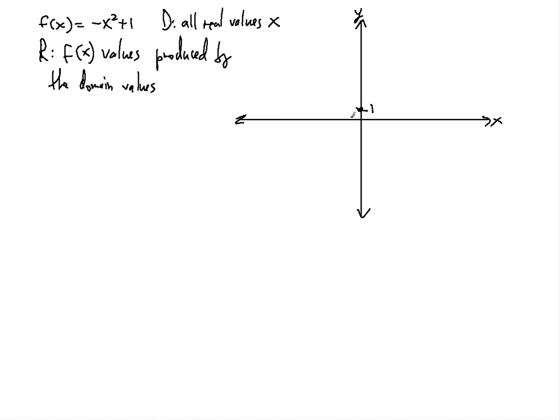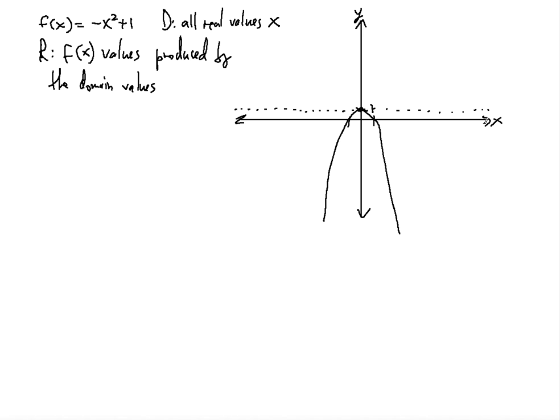So what I'm saying is, it will be like this. And for this reason, you can graphically tell what the range will be, the list of f(x) values corresponding to the domain values. You can draw a horizontal line to estimate the upper bound for the y values, for the function values.